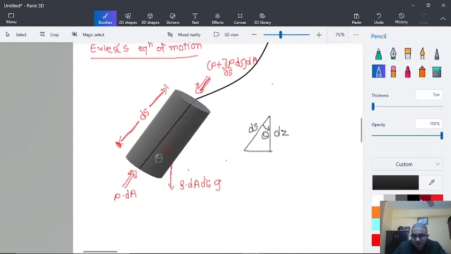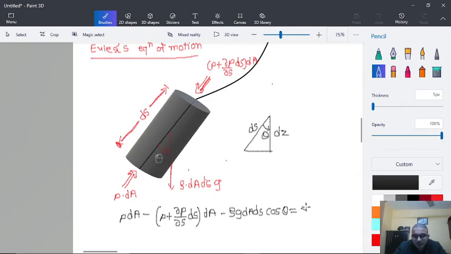So let's equate the forces. So here P dA minus P plus del P over del S ds into dA, minus rho g dA ds cos theta is equal to F is equal to ma.